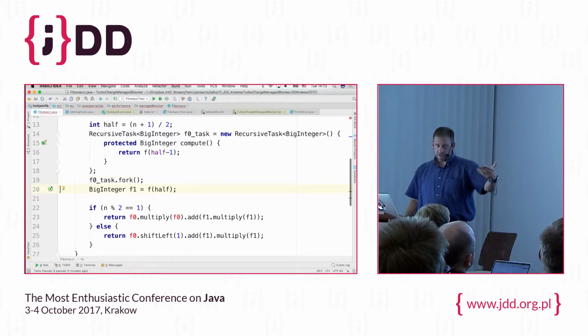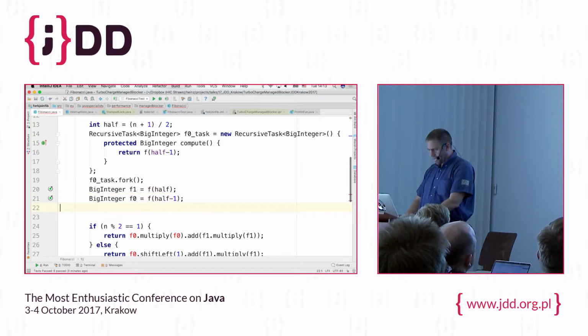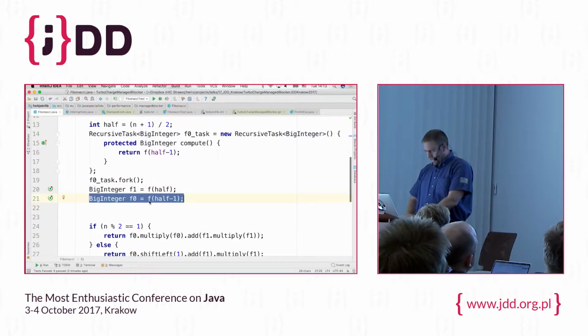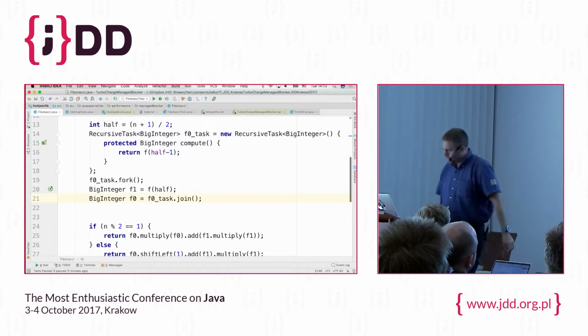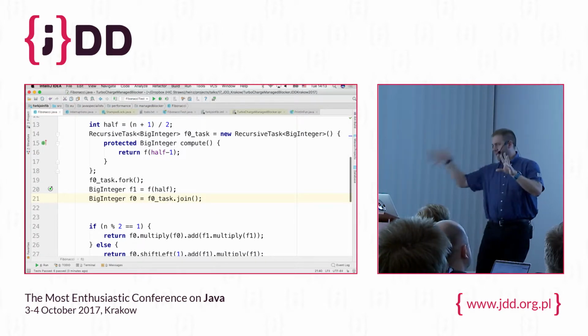And after I've executed f1, I'm going to say f naught equals f naught task dot join. There we go. So fork one, execute the second, and then join with the first one again.